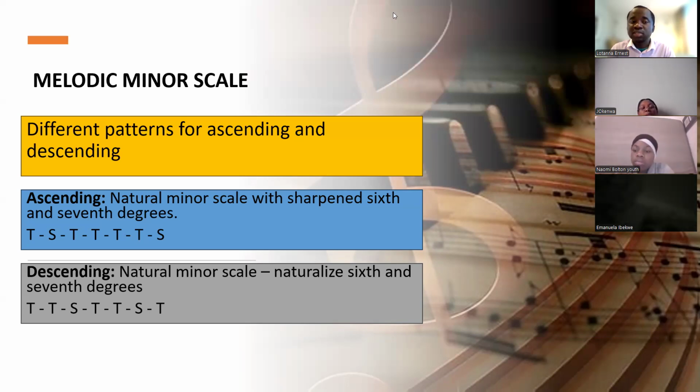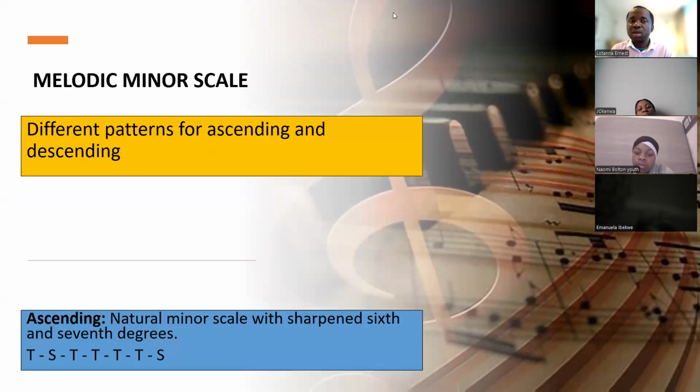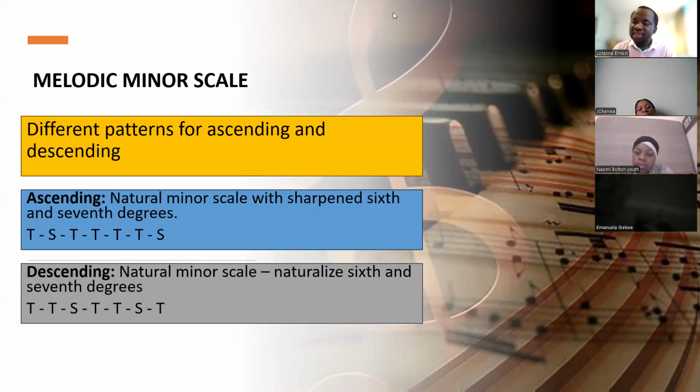Is it applicable to the harmonic? No, I said in harmonic, ascending and descending are the same. That's why I kept saying that ascending and descending are the same, because I know we are going to come to one where they are not the same. For harmonic and natural, ascending and descending are the same, just like your major scales. But for melodic, it's different. Ascending is sharpened sixth and seventh. Descending, natural.